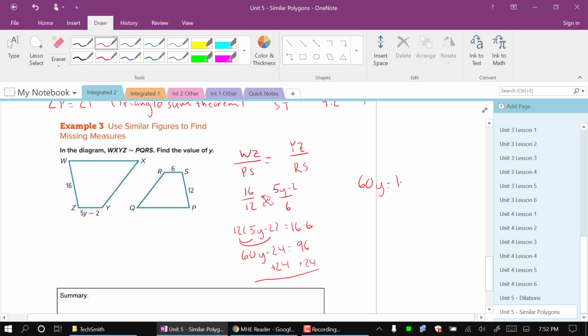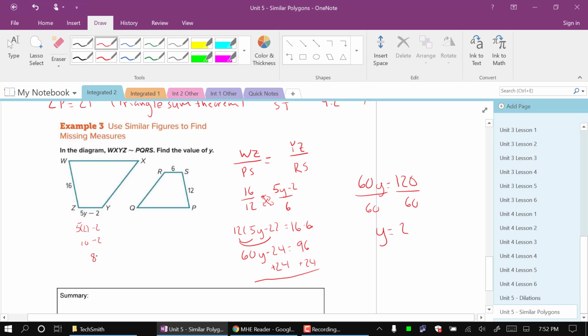I'm going to write it over here because I'm running out of room down there. Divide by 60. I get y equals 2. So that means it's not our scale factor, it's our y value, which is 2. So the length of this would be 5 times 2 minus 2, so 10 minus 2, which is 8.